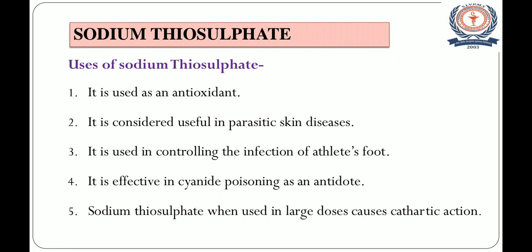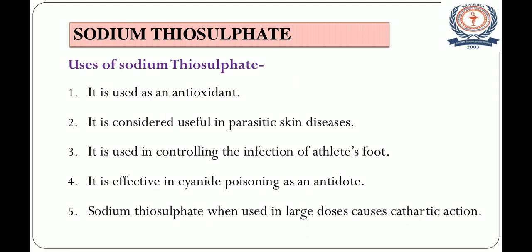Now let us discuss the uses of sodium thiosulfate. Sodium thiosulfate is used as an antioxidant, as we are discussing the same chapter. Then it is considered useful in parasitic skin diseases, skin diseases because of some parasitic organisms. Then it is used in controlling the infection of athlete's foot.